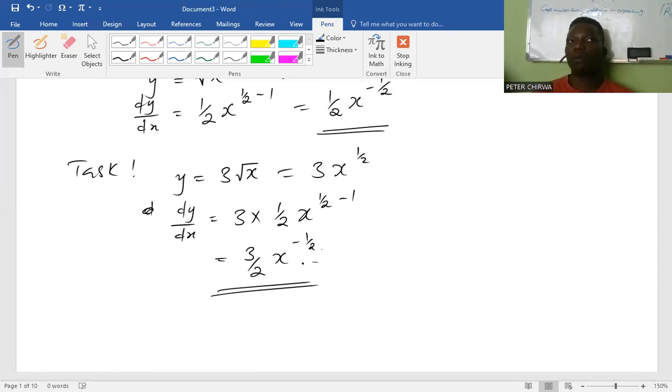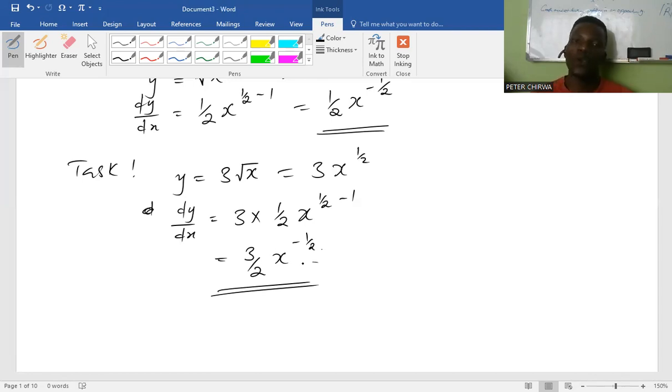Okay, so now power rule can also be used if you have an expression that has got more than one term. You can see that we've been dealing with single terms here, but you can use it when you are dealing with many terms. So if you have an expression, for instance, 2x minus x plus 5x squared, you can use power rule to differentiate that expression.